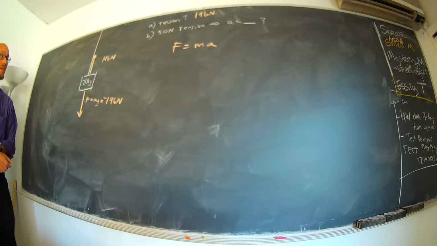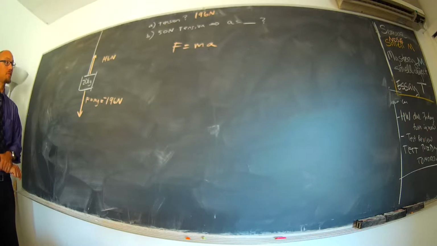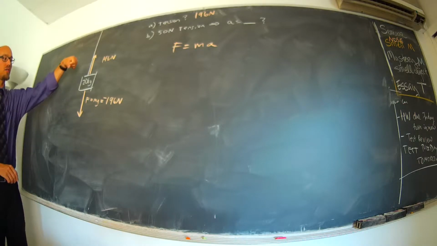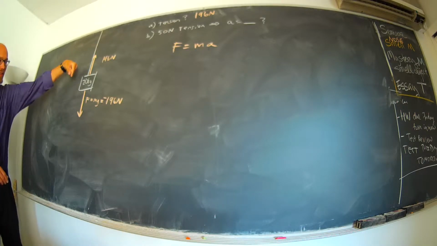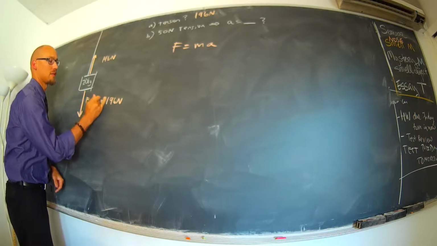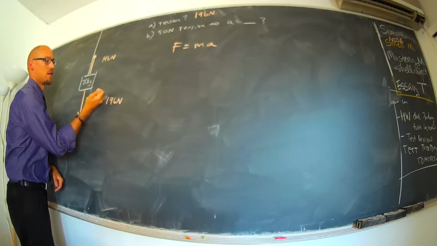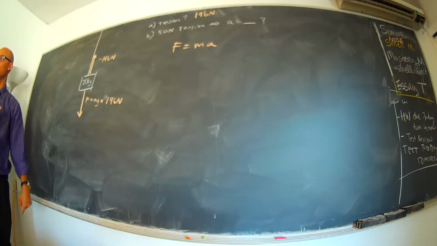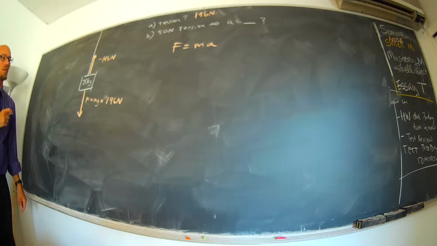Then can we subtract 50 from 196, and then add it to the 196 on the bottom to get the total force? Here's what I want to do: since motion is going to start going this way, let's make the direction of motion be positive. I like making my direction go in a positive way.